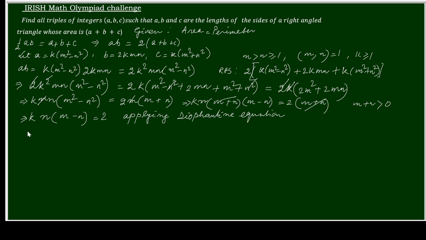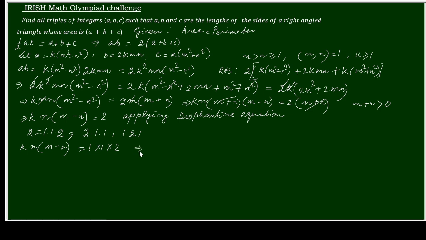That means it can be 1, 1, 2. 2 equals either 1 into 1 into 2, or second case 2 into 1 into 1, or third case 1 into 2 into 1. These are the possibilities. So case 1, K into N into M minus N equals 1 into 1 into 2.